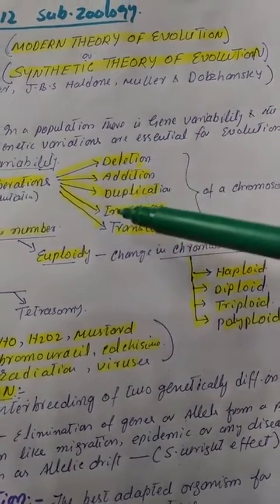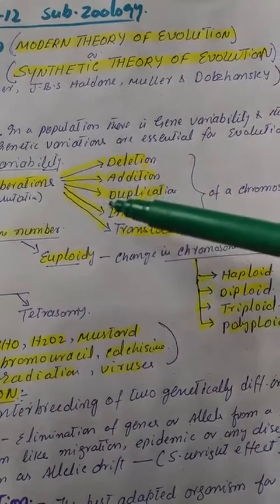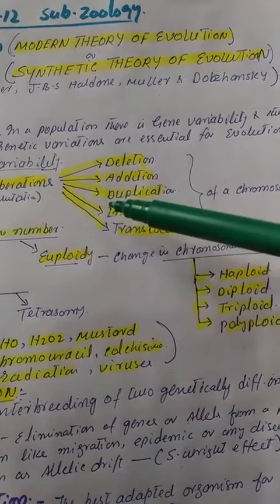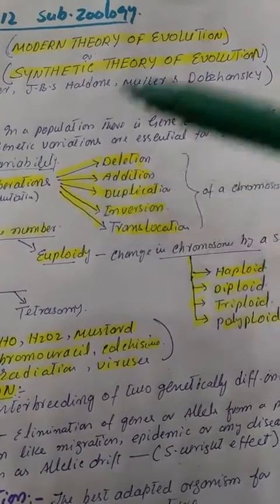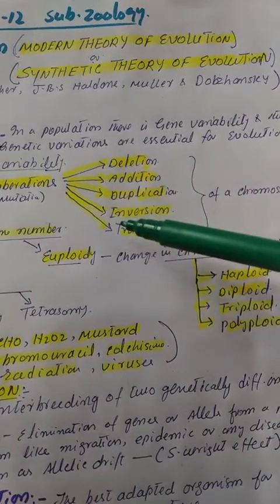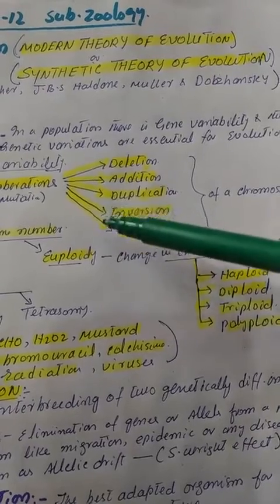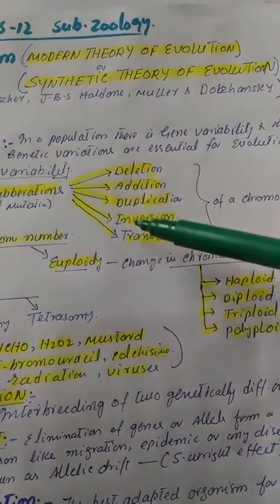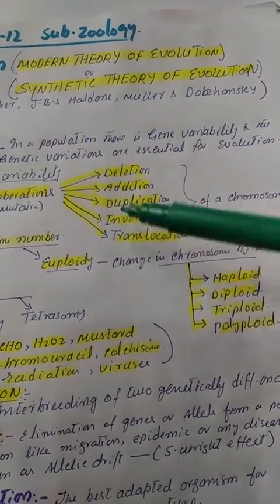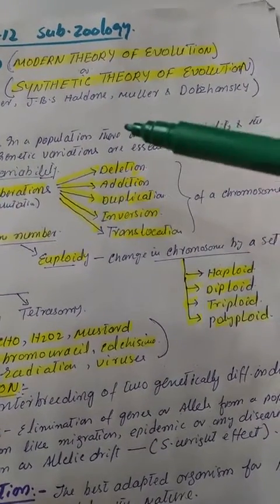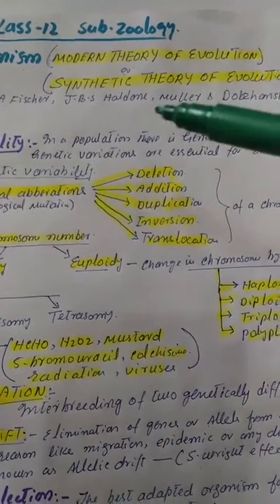Inversion means that a segment of the chromosome gets detached from its original site and gets attached in a reverse fashion, whereas translocation means the detached segment of the chromosome gets attached to some other site. So deletion, addition, duplication, inversion, and translocation are the causes of chromosomal aberrations.